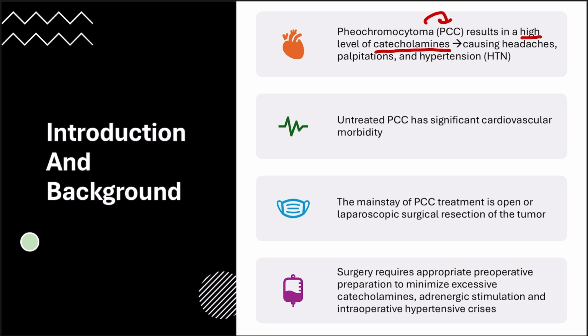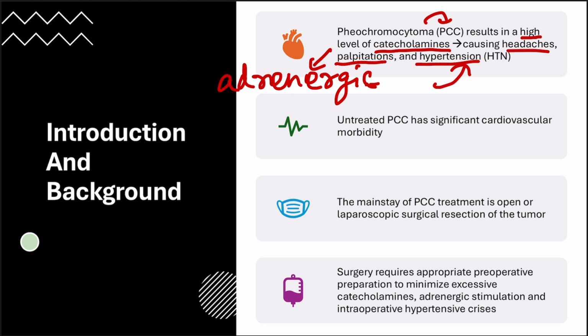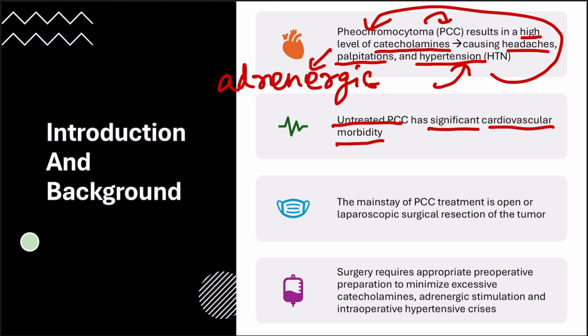These catecholamines are responsible for adrenergic activity leading to the symptoms of headache, palpitations and hypertension seen in pheochromocytoma. If left untreated, it is associated with significant cardiovascular morbidity and mortality, which is why it needs to be treated properly.